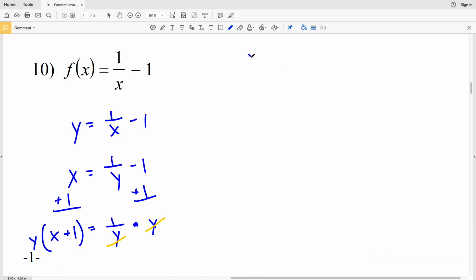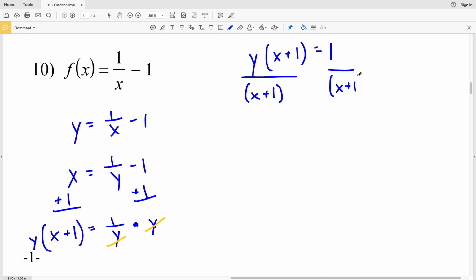So I'll have that y times (x plus 1) equals 1. I want y all by itself, so all I need to do is divide by that binomial that it's multiplied by. So dividing by x plus 1, I'll get that y equals 1 over x plus 1.